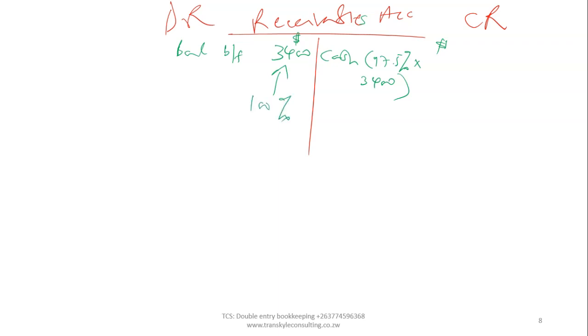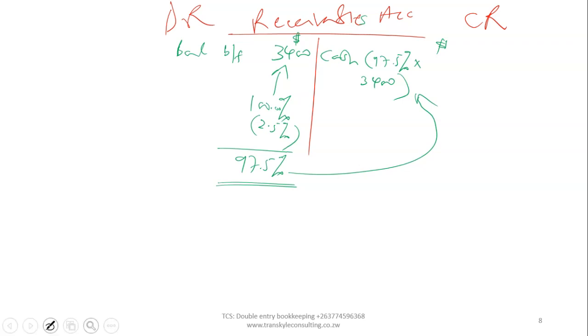So if we are given a 2.5% discount, we have to deduct the 2.5 from 100%, and we are going to be left with 97.5%. So this is why we are writing the 97.5% there. I'm sure you are no longer lost.